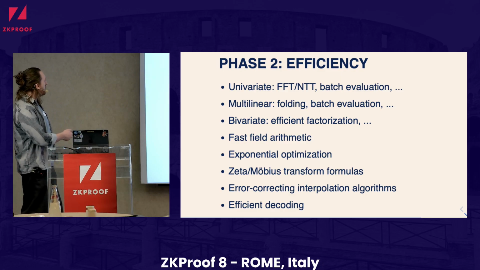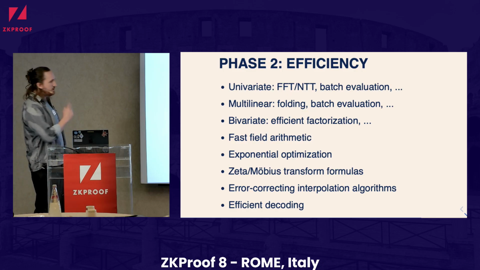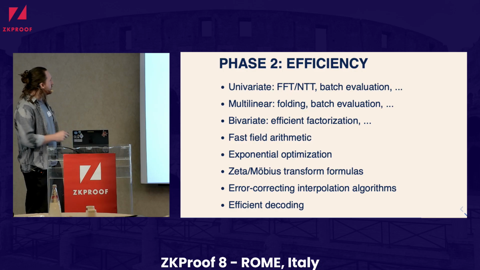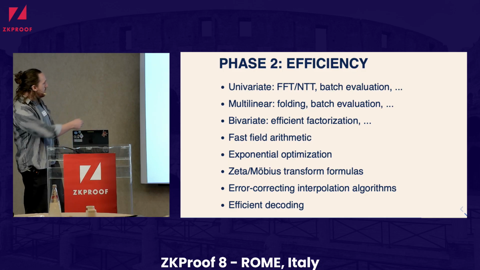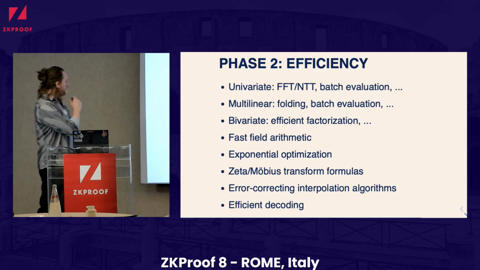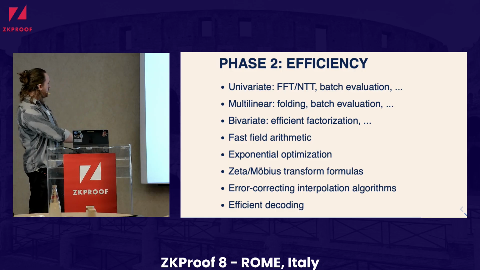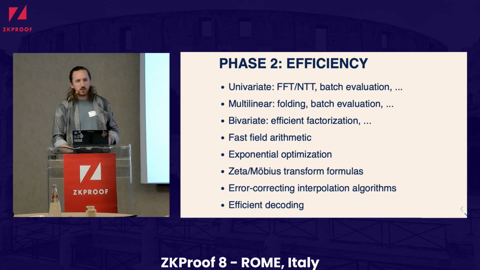For univariate, we have FFT and NTT; FFT was recently finished and will be merged soon. For multilinear, we just started with folding, batch evaluation, efficient factorization of bivariate polynomials, fast field arithmetic, exponential optimization, efficient decoding, error correcting, all of this. So we're in the middle of this large push to make this a reasonably efficient library, and then we'll fine-tune from there, which is very exciting.